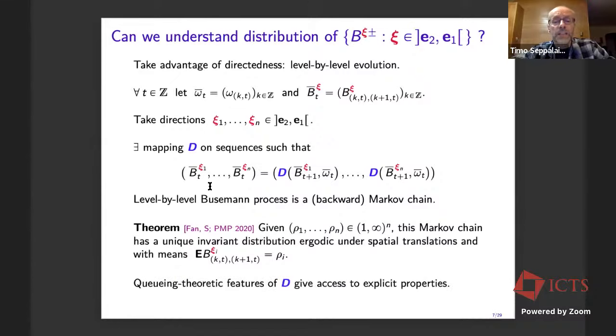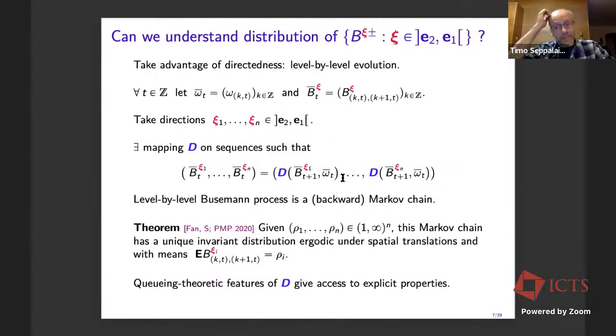Now, this mapping D, it's denoted by D for a very good reason. It actually has a queuing theoretic interpretation. I won't show those details now. You can see them in the paper with Louis or in other papers that I've written recently. D is for departures. And the queuing connection is that you can view these Busemann functions coming from above as arrivals and these omegas as service times.